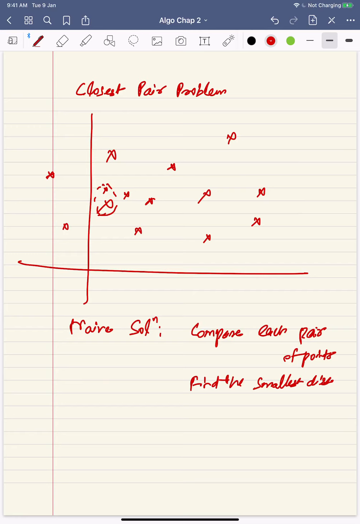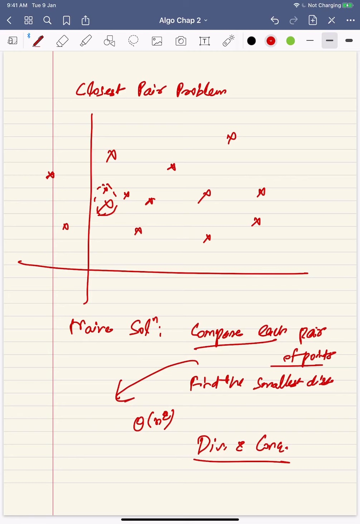And how much time will it take? Because you have to compare each pair, there are n square pairs, so n choose 2 pairs, so you will take theta n square time. That is the naive algorithm. And you have to use divide and conquer, right, and achieve better than that. Let's see how we will do this.